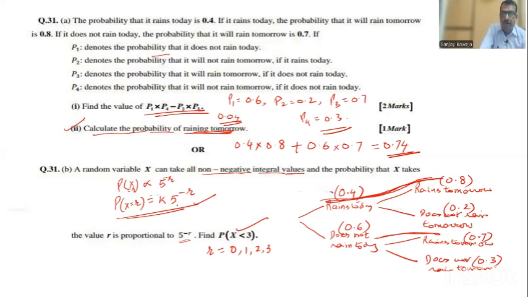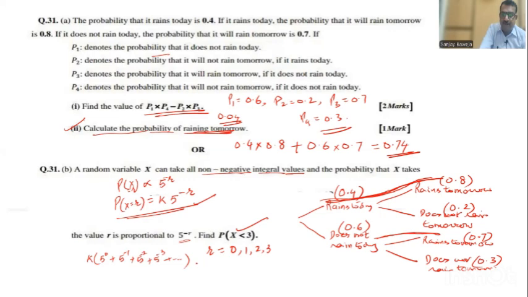You keep on putting the values of r as 0, 1, 2, 3, and you will find that an infinite GP is formed, and the sum of all these probabilities is 1. So this is k times 5 raised to power 0, which is 1, plus 5 raised to power minus 1 plus 5 raised to power minus 2 plus 5 raised to power minus 3 and so on.